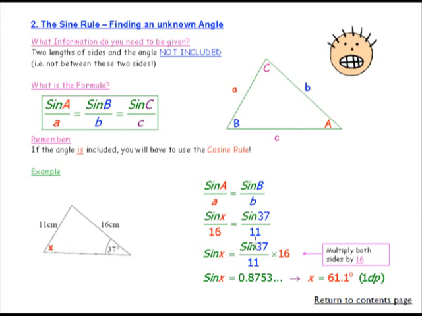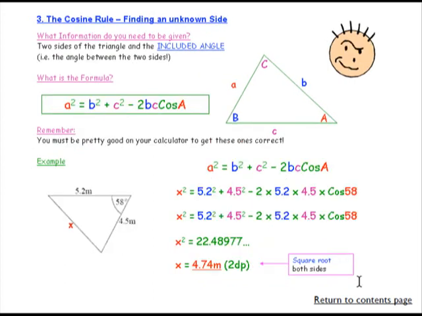If we make sine x the subject of the formula by multiplying both sides by the denominator 16, we get sine x is equal to sine of 37 divided by 11 times 16, and you get sine x equal to 0.8753. To get x, you take the arcsine of 0.8753, and your angle x should be 61.1 degrees. I'm sure that was easy to stomach.